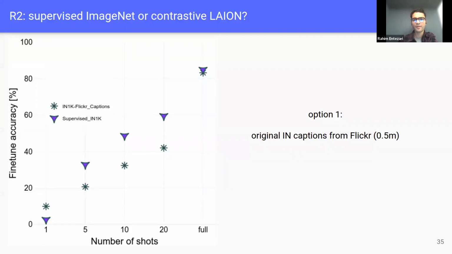One may say that these blue triangles are trained on 1 million samples, while these stars are 500,000. So we probably need to do some ablations here, right? This is half the size of the data set. We changed both the pre-training algorithm, supervised versus contrastive, and also the size. We also need to remove the sizing effect.